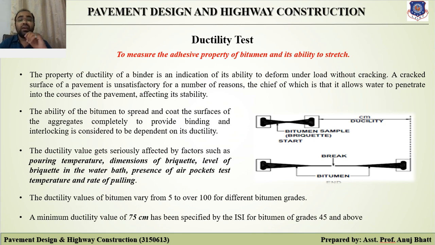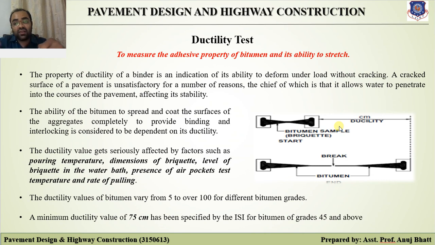Now the sides of the mold are removed. The clips are hooked on the machine and the pointer is adjusted to 0. The distance up to the point of breaking of thread is reported in centimeters as the ductility value. Once you have started stretching the two clips, one clip will be fixed and the second clip will move in that water bath.